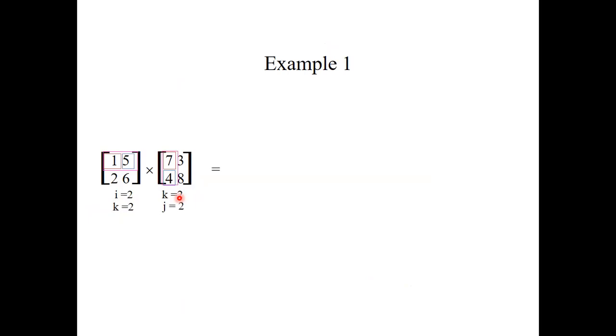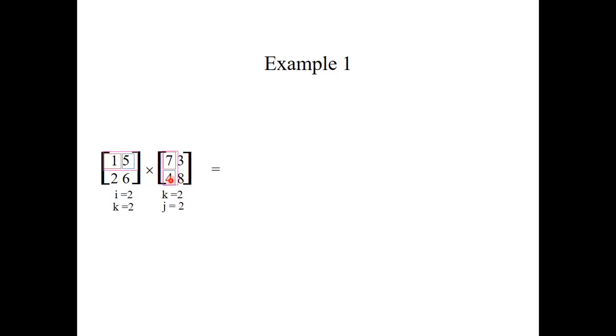So what does that mean? Well, that means the following. We take the first number in the first row and multiply it with the first number of the first column of the second matrix. Then we take the second number of the first row and multiply it with the second number of the first column in the second matrix.